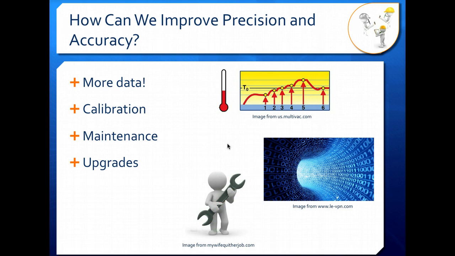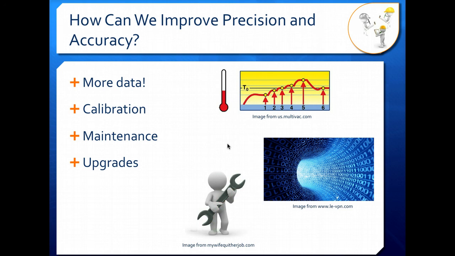And then finally, upgrading your equipment. Newer equipment is usually more precise and accurate, but not always. So that's something to look out for when, let's say, you're replacing a scale or a pressure gauge, that you want to make sure you're getting enough precision in your measurement to control your variation the way you want to, and that you're upgrading frequently enough that you don't have a lot of old, outdated, possibly hard to calibrate and maintain equipment in your process.